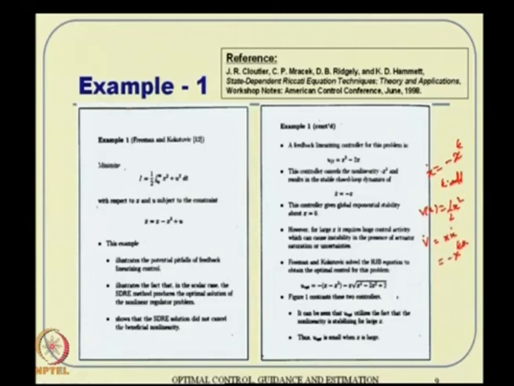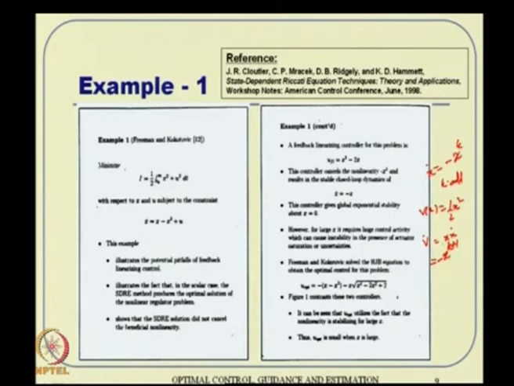Since k plus 1 happens to be even, it is always negative definite, and hence stabilizing.